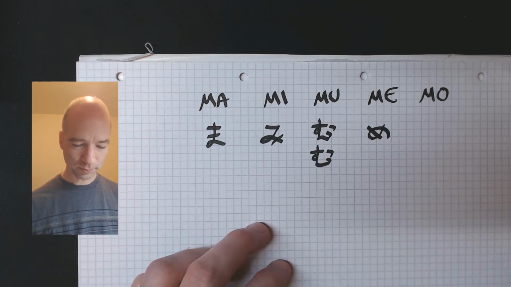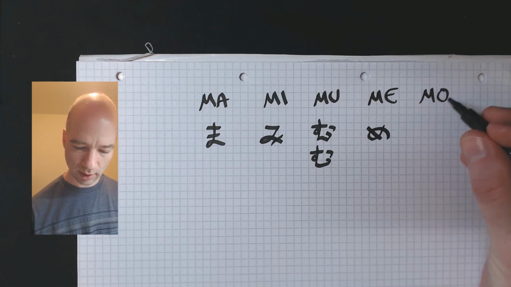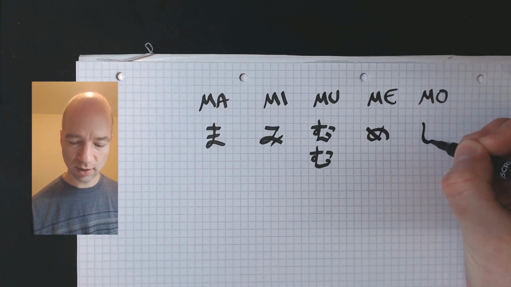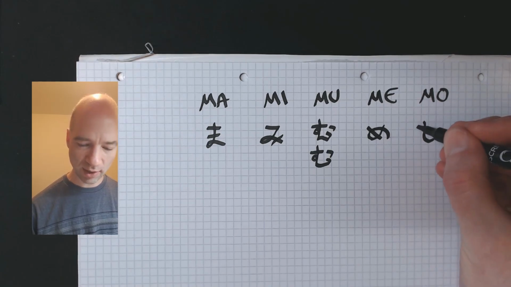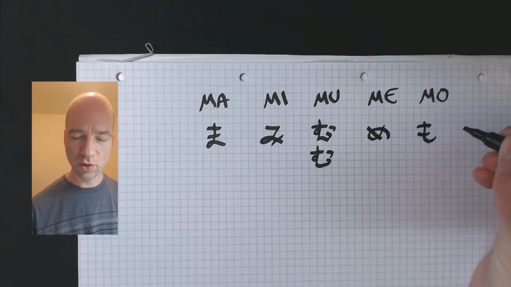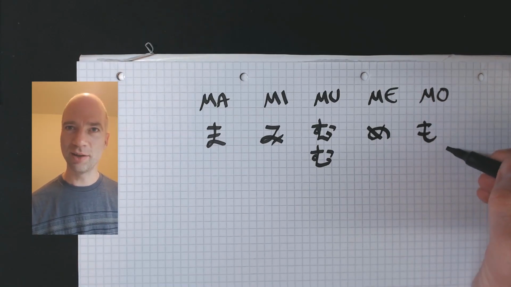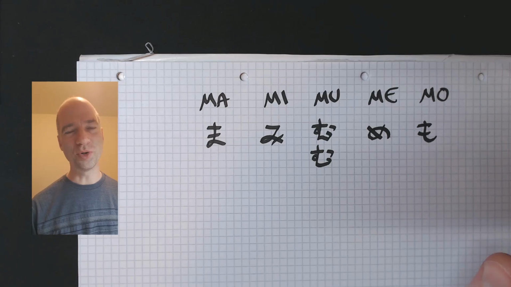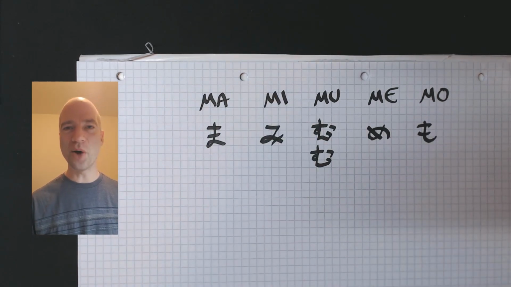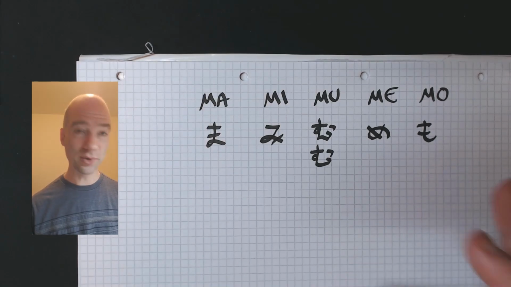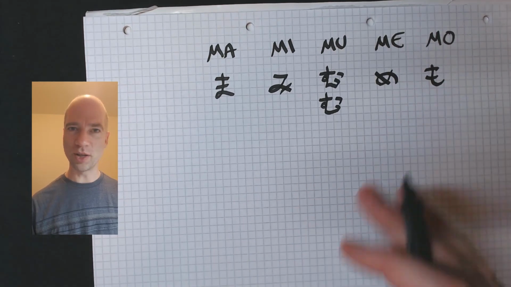And then mo is a little bit more like a hook actually, and also like a shi with a ko on top of it, a little ko on top of a shi. So that's one way to remember it as well. Remembering how the characters are similar to each other often helps, I think. People have different ways of remembering them, but that's one of the things I do.